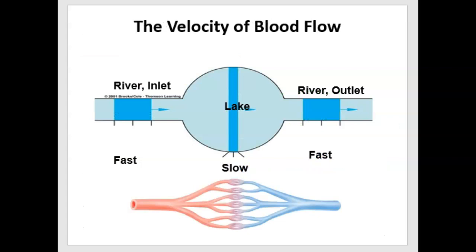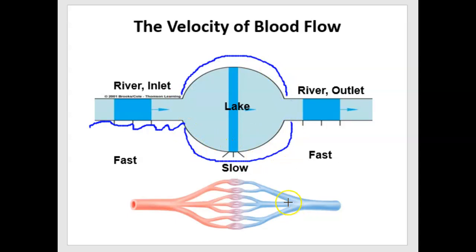You can think of the speed of blood flowing throughout our circulatory system much like the flow of water from a river into a lake and then out of the lake through streams or some other kind of outlet. So generally speaking, water moving quickly in a river, if it all of a sudden encounters this wide body of water, a lake, then the water will move quite slowly.